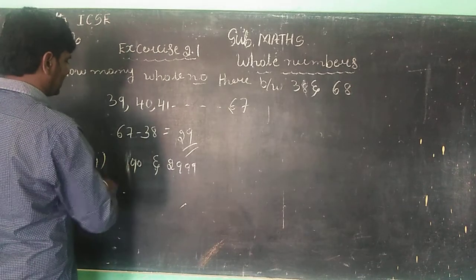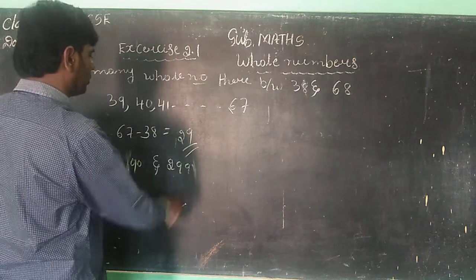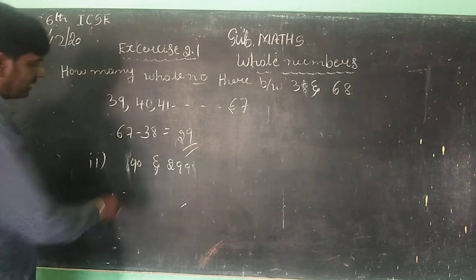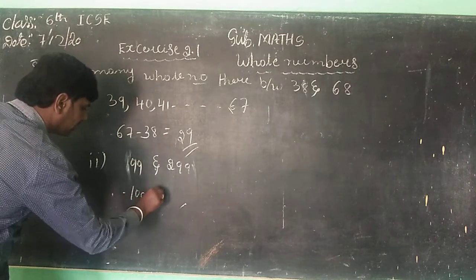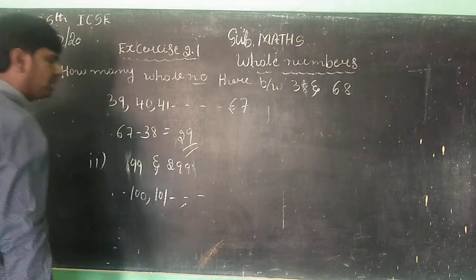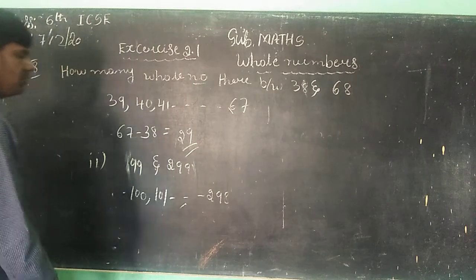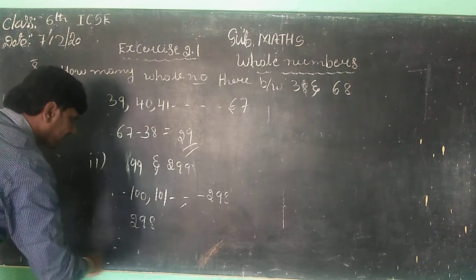According to that, 299 and 2999. So children, 99's next number is 100 and 101 and up to 299, whose before number is 298.